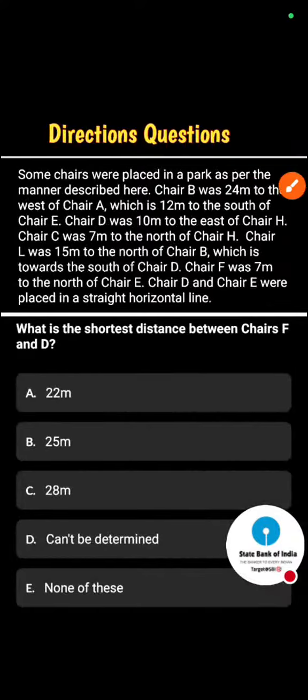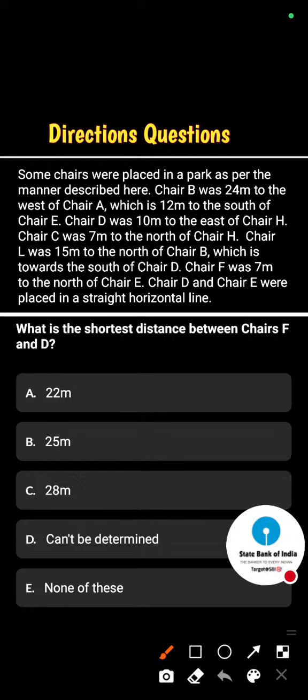Next question. What is the shortest distance between F and D? F and D. So 24 square, which will be 576, and 7 square 49. Sum of these two under root, 25. Option B, 25 is our answer.